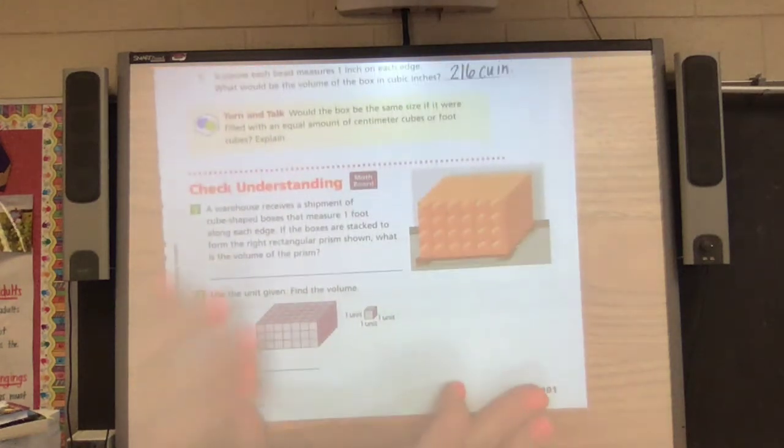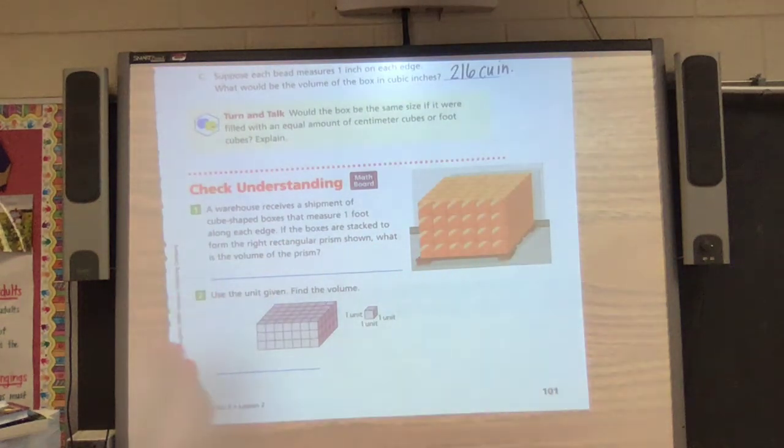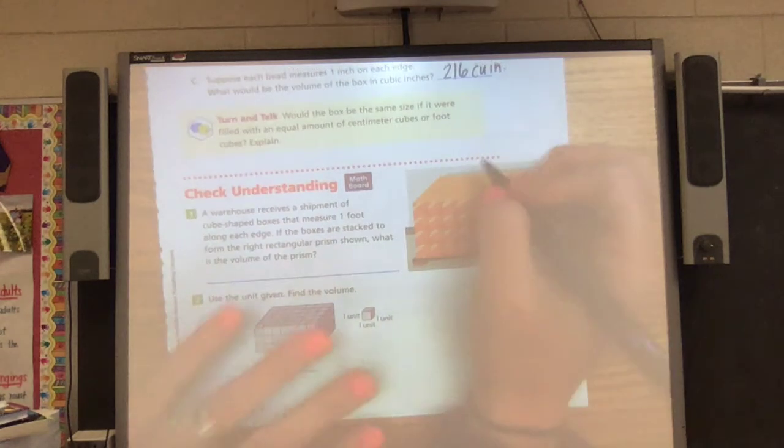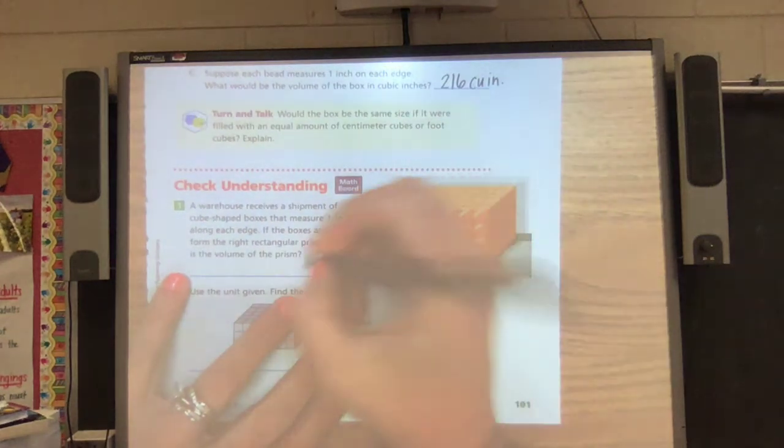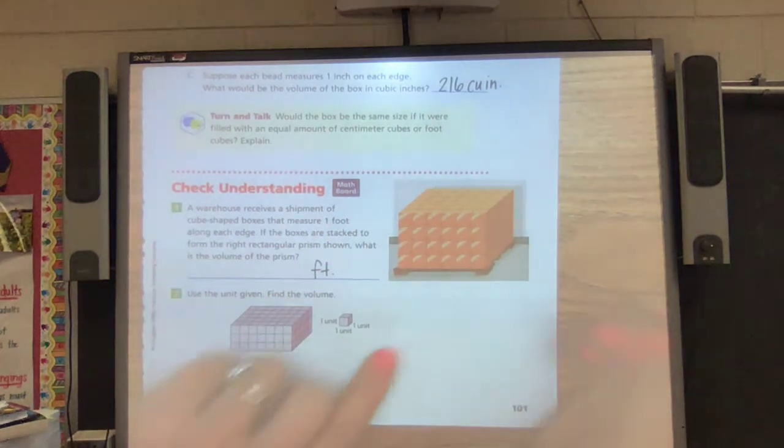All right, let's look here. A warehouse receives a shipment of cube-shaped boxes that measure a foot along each edge. If they're stacked like it's shown, what's the volume? So it's saying these are measured in feet. So I know my answer is going to be in feet.